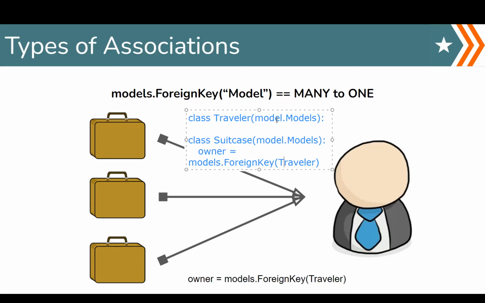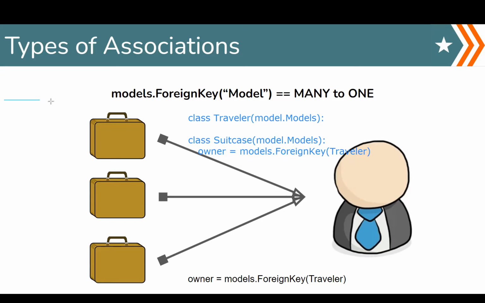So what does this mean if we go back to that table format that we just talked about before? So let me make a table here and a table here, and we'll call this one the suitcase table, and we'll say that this one is the travelers.